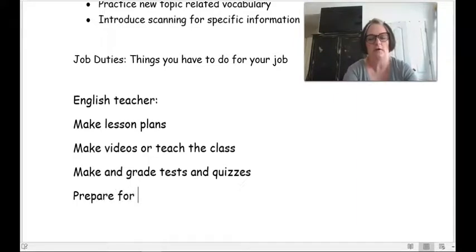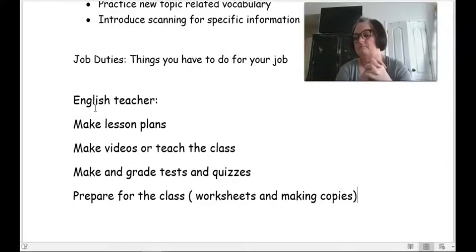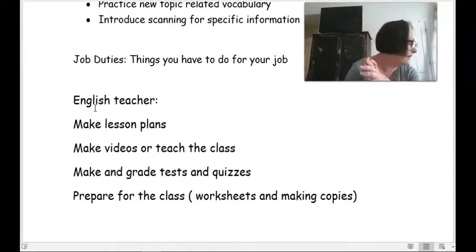You know, like looking up such as worksheets and making copies, because those are all things that we would need for class.